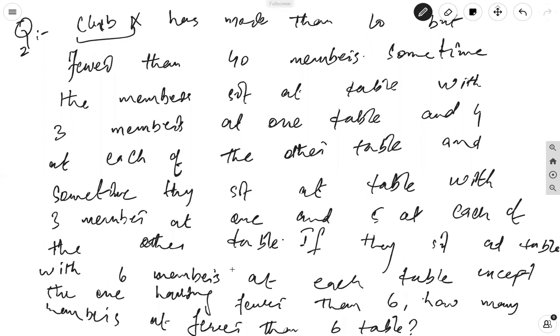Solve this question. Everyone got this question? Yes. The last part is, how many members will be at the table that has fewer than 6 members? 5. Yes. 5. Okay. Anyone else?